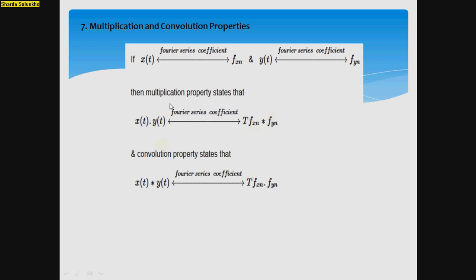The convolution property is the opposite of the multiplication property. If the signals x(t) and y(t) are convolved, then the Fourier series coefficient will be X[n] times Y[n]. That is, if the input signals are convolved, the Fourier coefficients are multiplied. And in the multiplication theorem, if the signals are multiplied, the Fourier series coefficients are convolved.